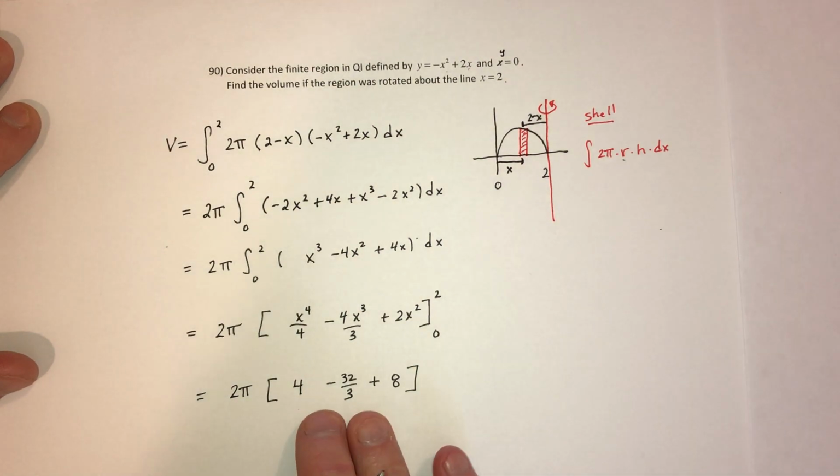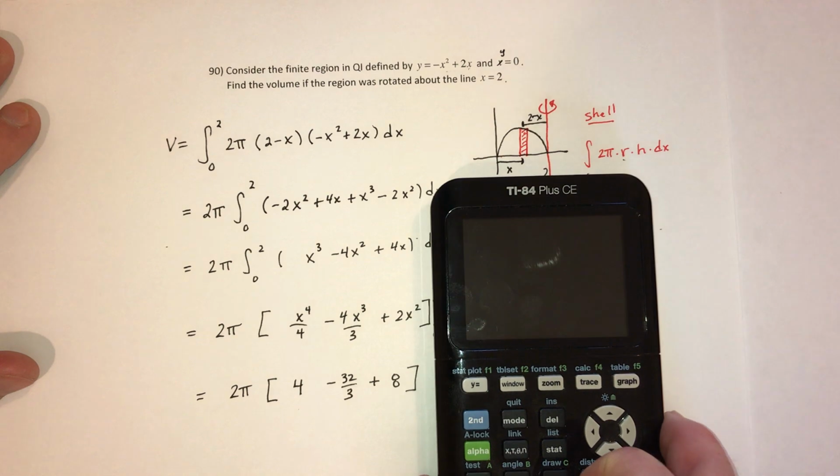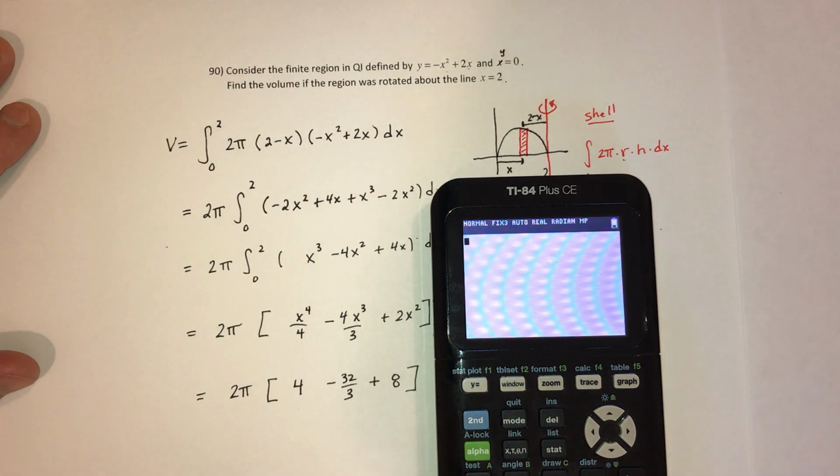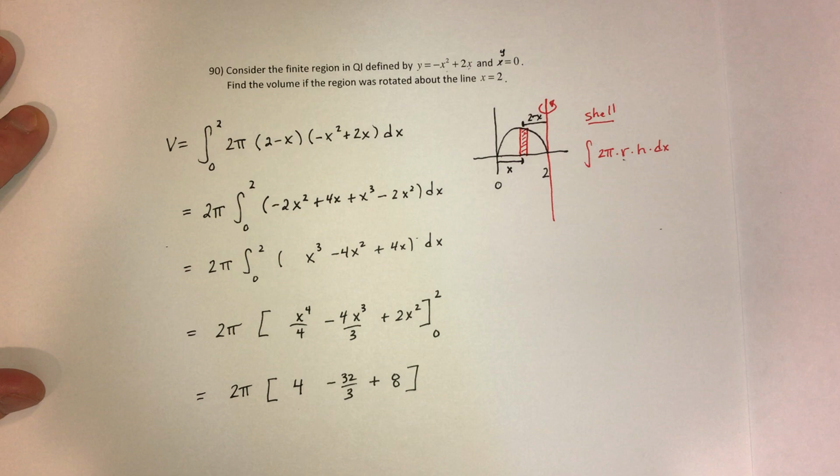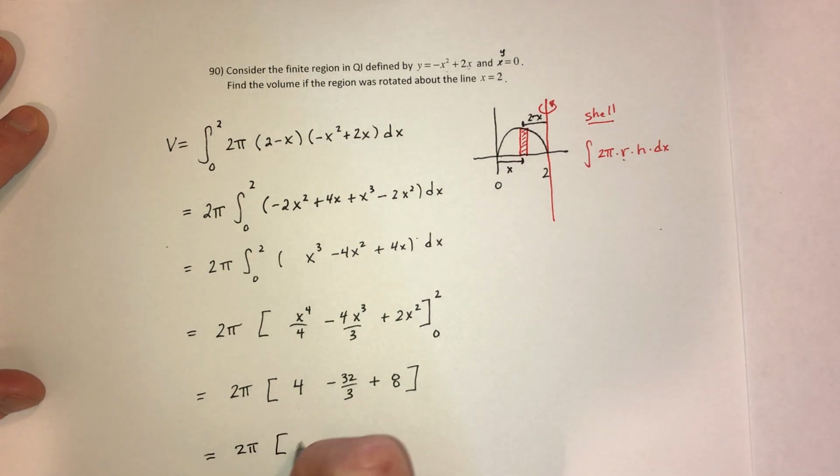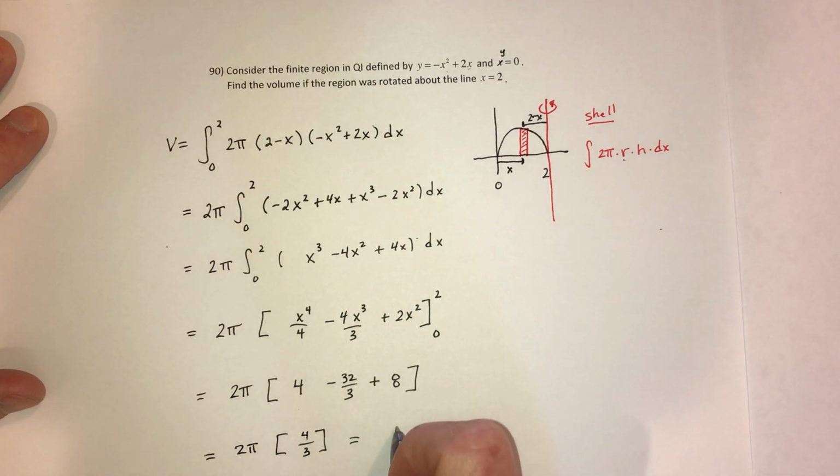So this right here would be 12 minus 32 over 3, which is 4/3. And so that equals 8 pi over 3.